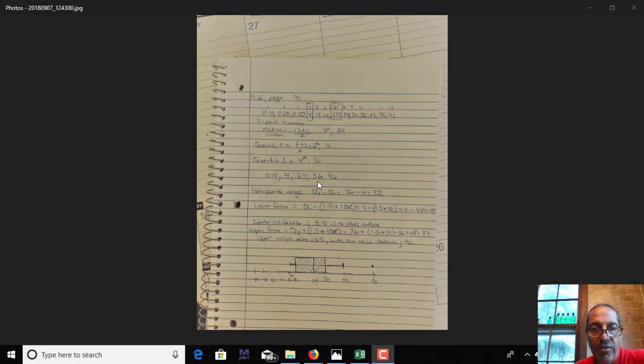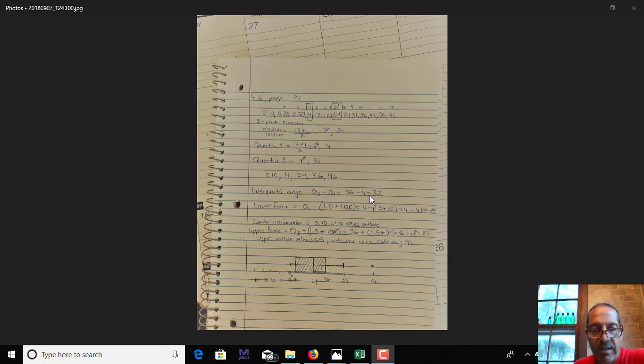The third quartile represents the 75% of the sample. So below the third quartile, you have 75% of the sample. Above it, you have 25%. So if we take quartile 3 minus quartile 1, we get 36 minus 4, which is 32. So our interquartile range would be 32.